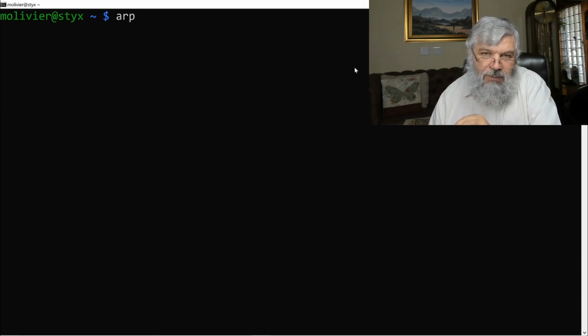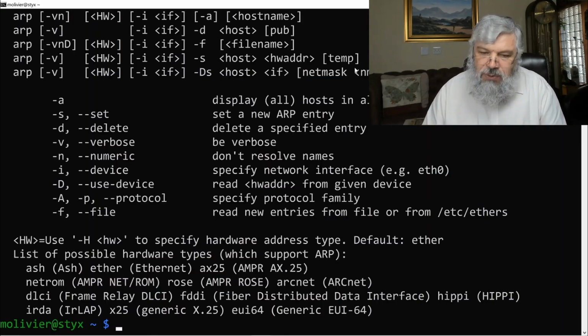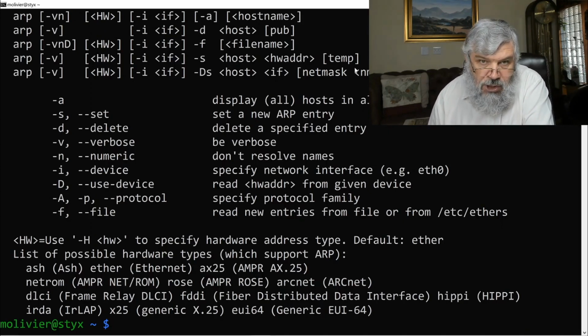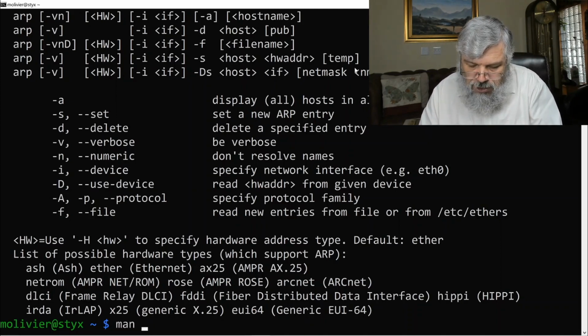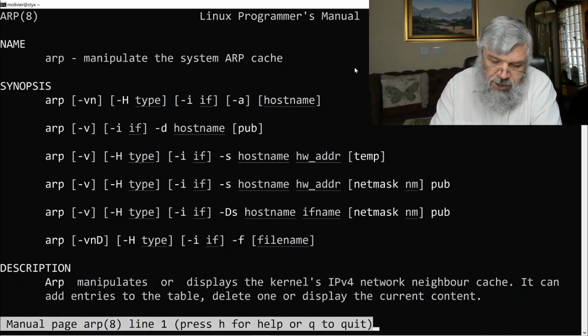The way that ARP is really used as a protocol is as a low-level mechanism in the routing algorithm. So this just gives us some additional information. You can say ARP help, and that will show you the options that are available. You can also look at the manual page for ARP, and that will give you more information.